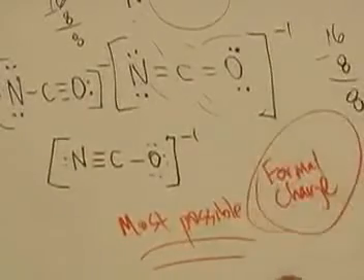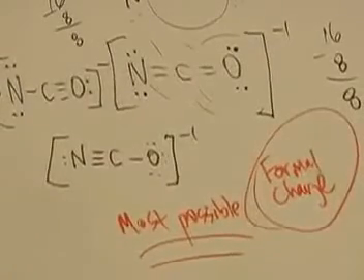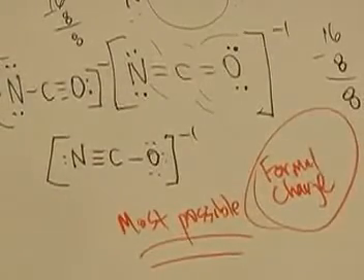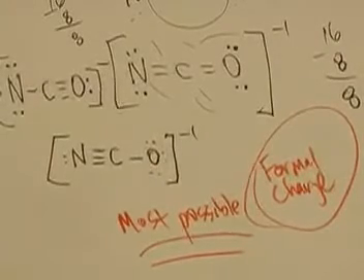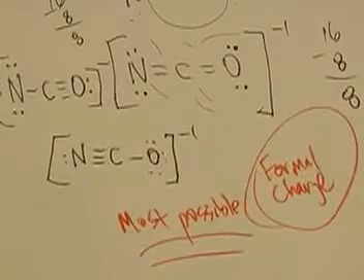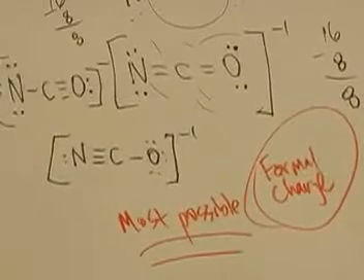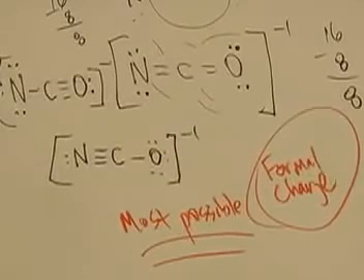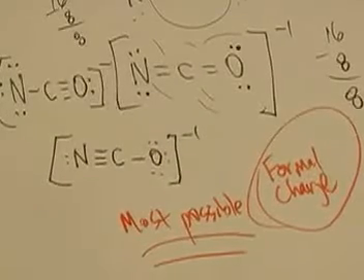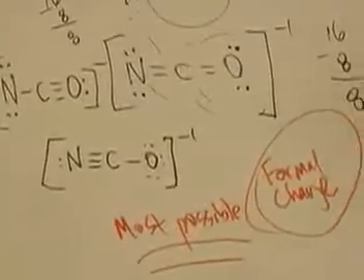To assign formal charge, there's a small little mathematical thing that you do for each atom in the ion or in the Lewis electron dot structure. And then the rule is you want to get as many zeros or as close to 0 as you can for each one. So here's the math formula.